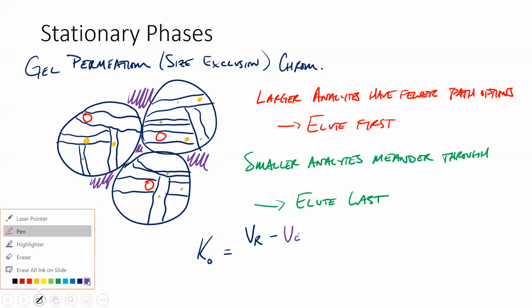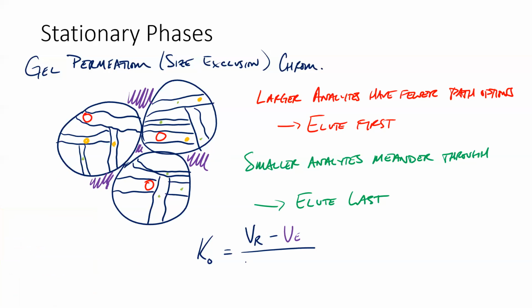And then on the denominator, we've got V_M, which is the total volume of the mobile phase, including inside all those pores, minus V_E again. And so V_R, the retention volume, again, that's like retention time, but a volume.